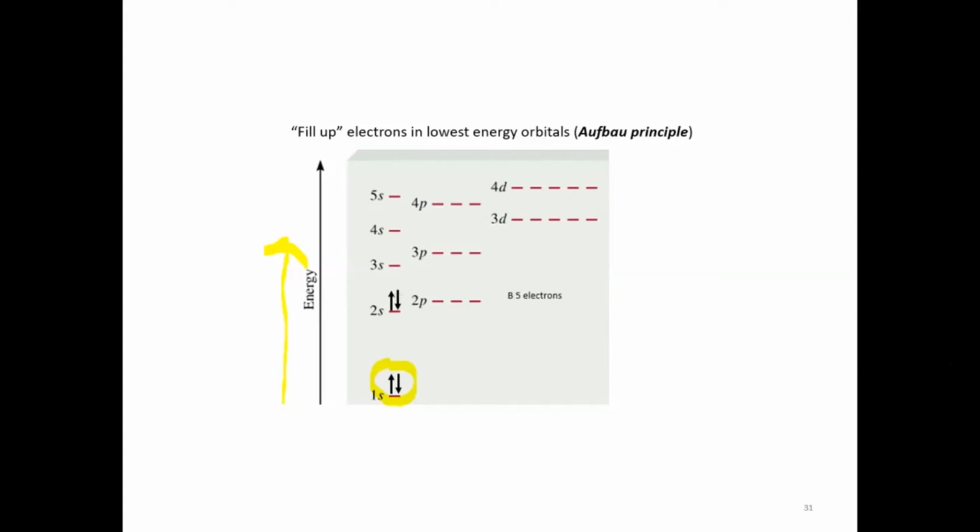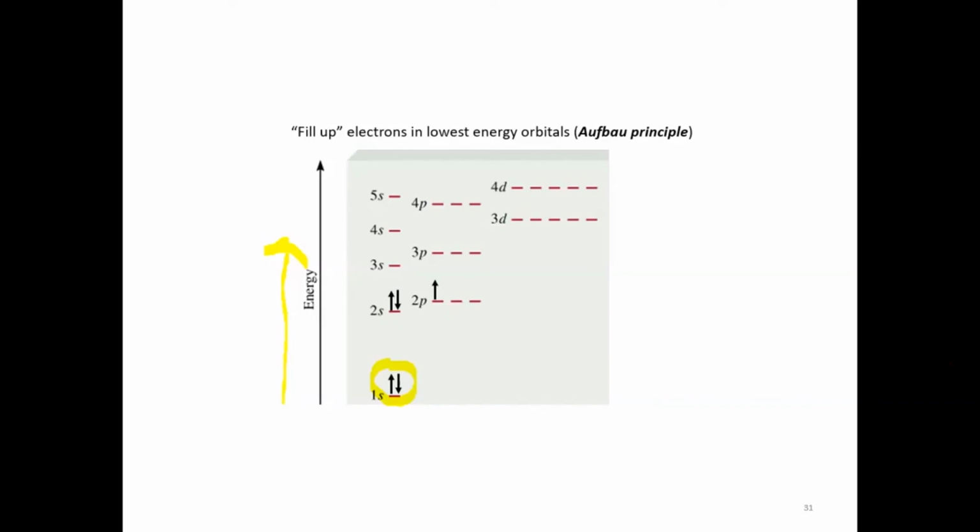And now we're going to put in boron with 5 electrons. Once more, we put the first 2 in 1s, and that's full. 2 more in 2s, and now that's full. And now we have 1 more electron. We have to go to the next subshell, which is 2p. There are 3 orbitals in there. All of them have the same energy. So technically, it doesn't matter.